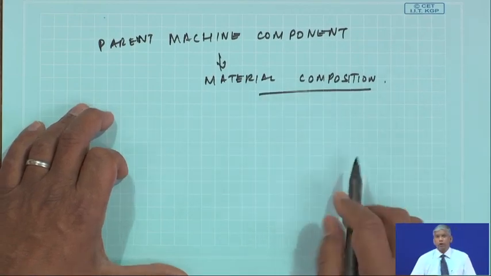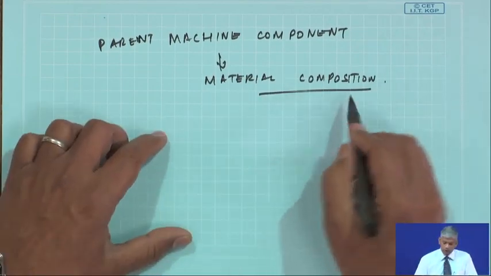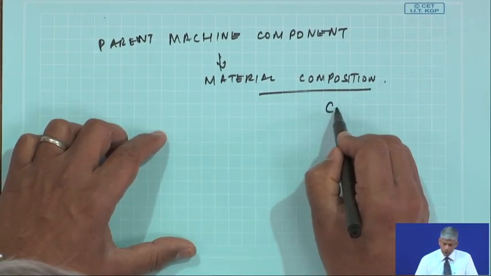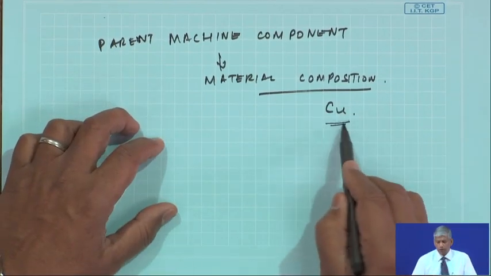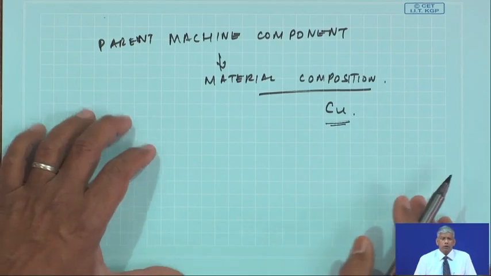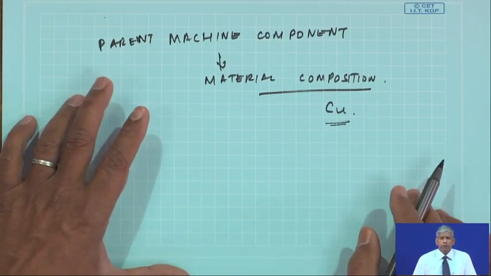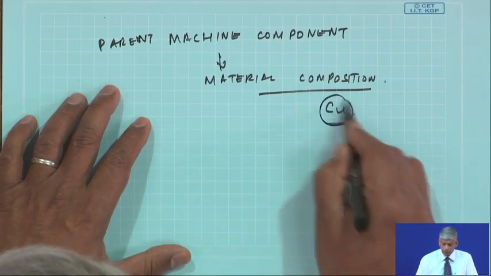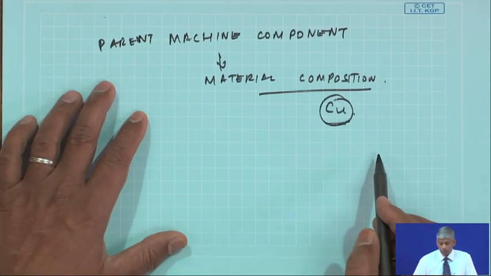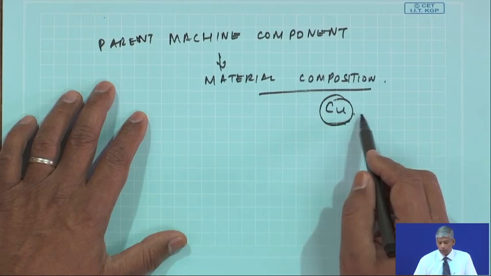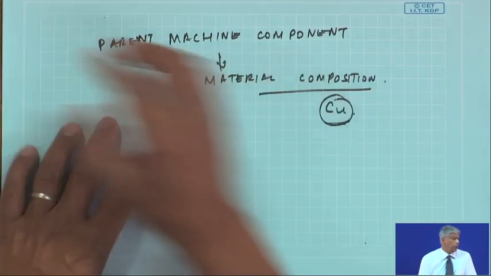This will give us a guide: if I see copper in a gearbox, I will be wondering, in my first class perhaps there is no copper. So, where did this copper come from? Maybe the journal bearing has copper because of the lining, and then this copper came about.